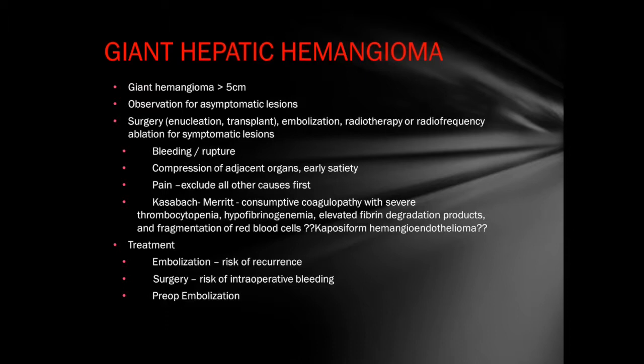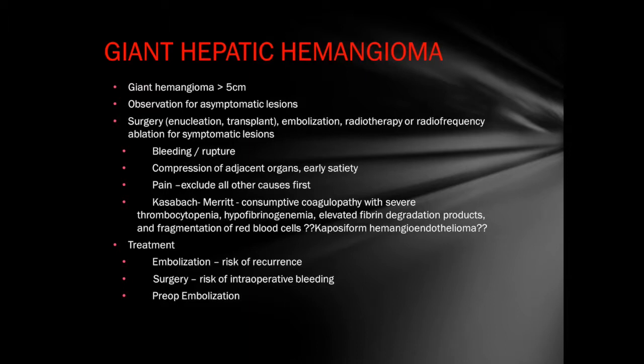In terms of treatment for these, observation is recommended for asymptomatic lesions, with surgery, embolization, radiotherapy, or RFA for symptomatic lesions. Surgery can involve enucleation, lobar resection, or on rare occasions actually could require transplant if the tumor is large enough.